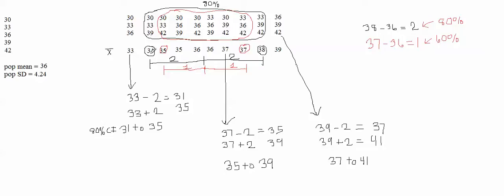We can do it with this sample right here, sample 2, which has a mean of 34. Let's take it and add and subtract the 60% margin of error, which is 1. We get 34 to 35.